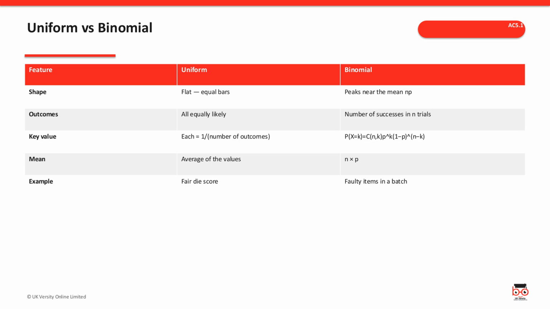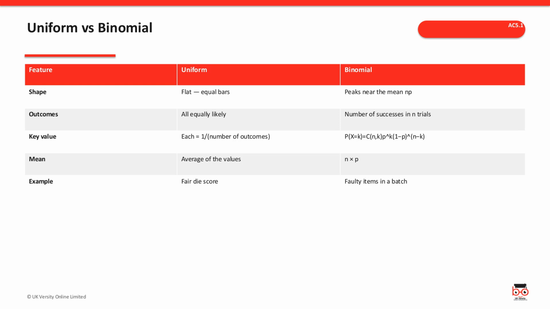Let's set the two discrete distributions side by side. The uniform is flat with equal bars, while the binomial peaks near its mean of n times p. The uniform is about outcomes that are all equally likely. The binomial is about the number of successes in n trials. For the uniform, each probability is 1 over the number of outcomes.